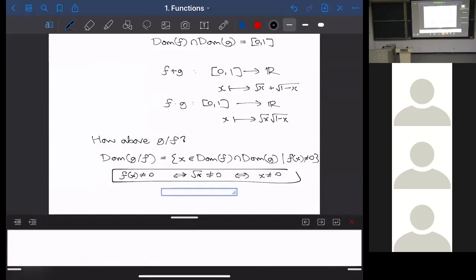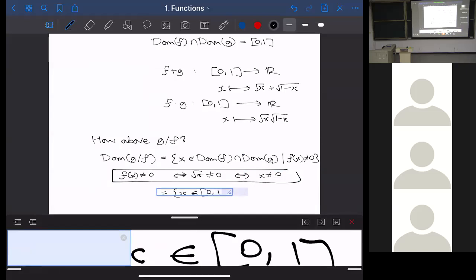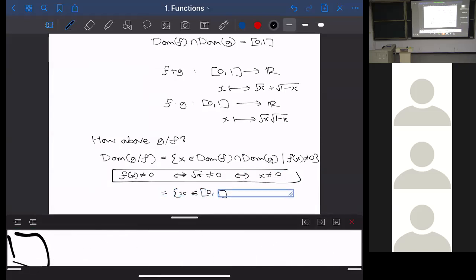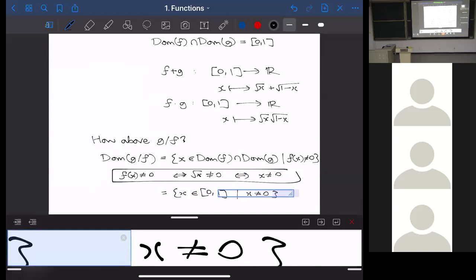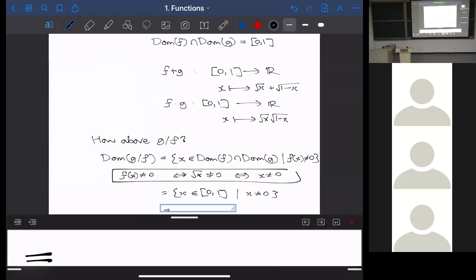So this set is equal to the set where x is in this closed interval such that x is not 0. And by definition, that's the same as this half open interval.